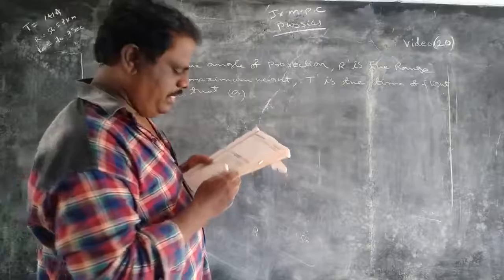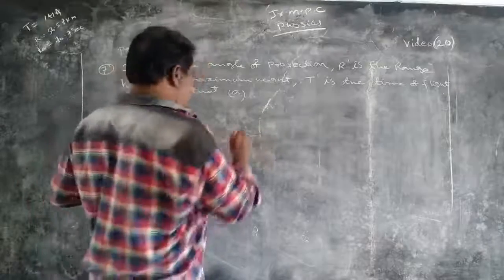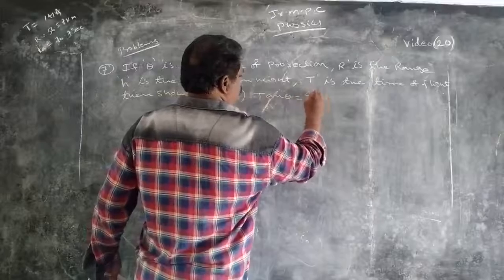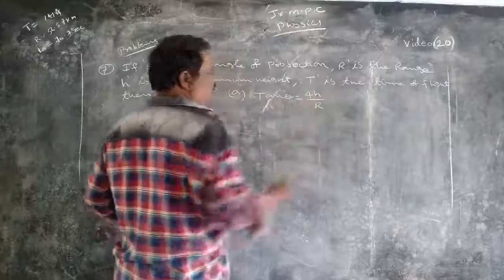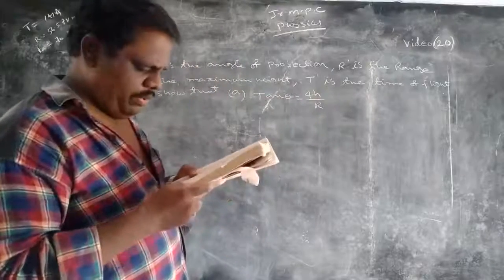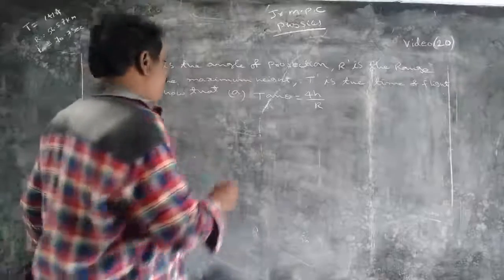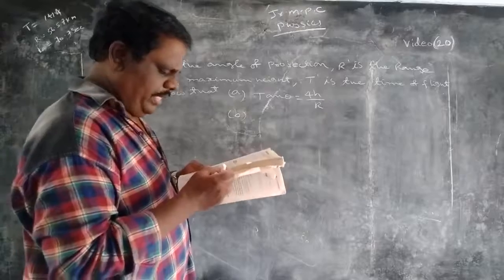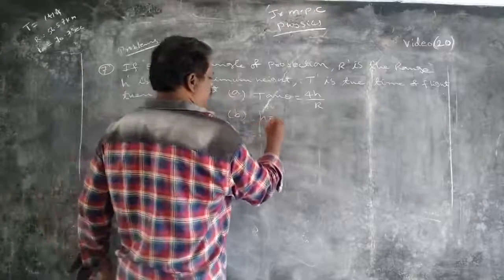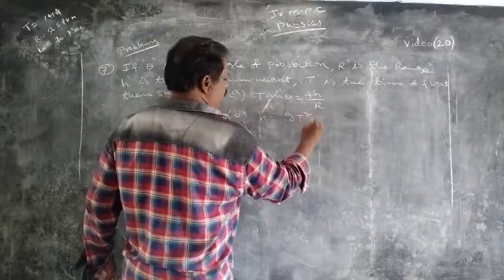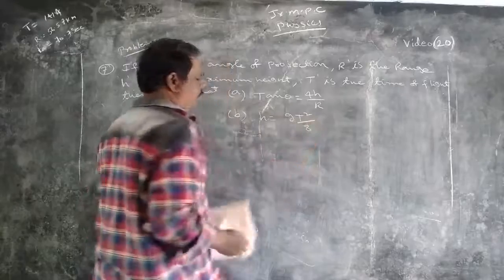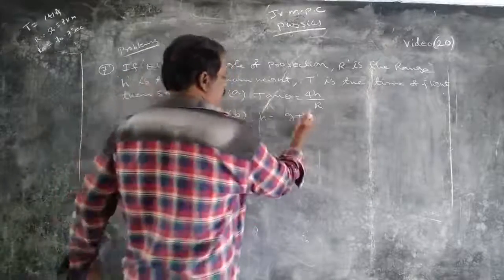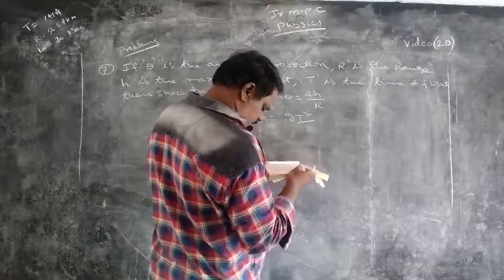In case A, tan theta is equal to 4h by r. And in case B, h is equal to g t square by 8.